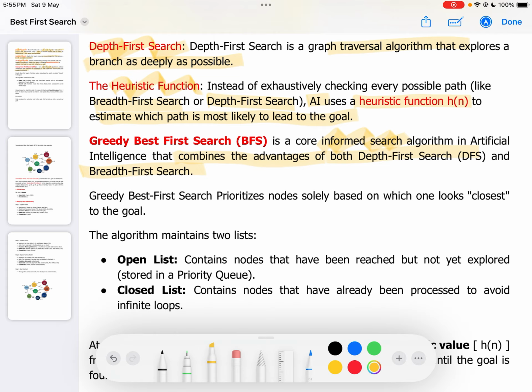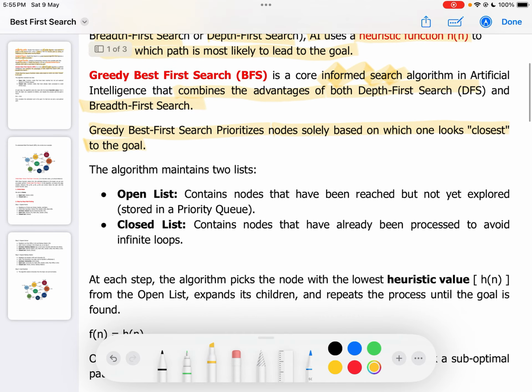Okay, with an example we'll understand. First try to understand what I'm saying as it is. Greedy best first search prioritizes nodes solely based on which one is closest to the goal, so it operates like that.